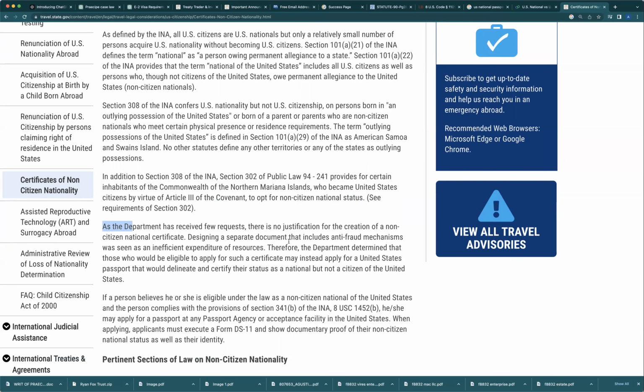Designing a separate document that includes anti-fraud mechanisms was seen as an inefficient expenditure of resources.